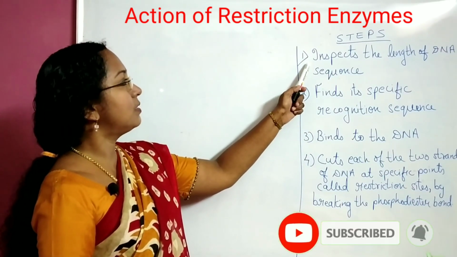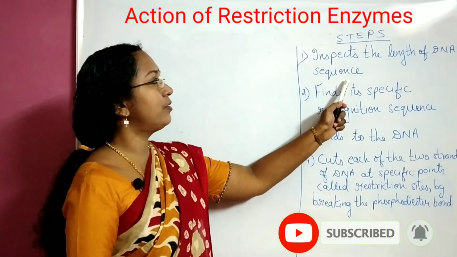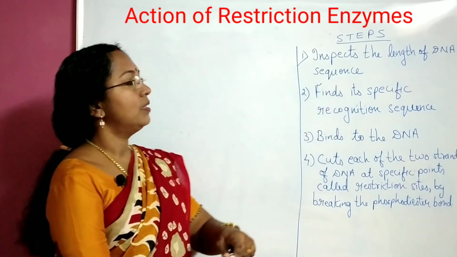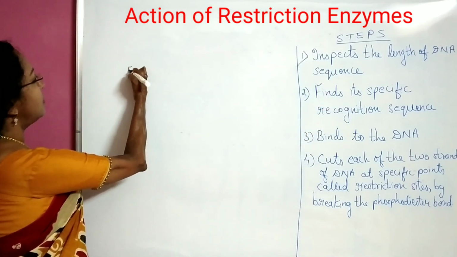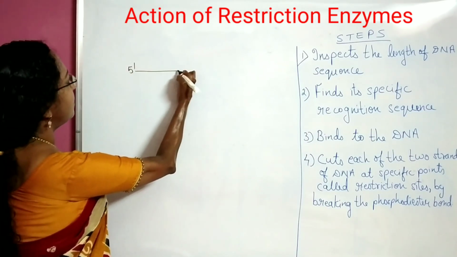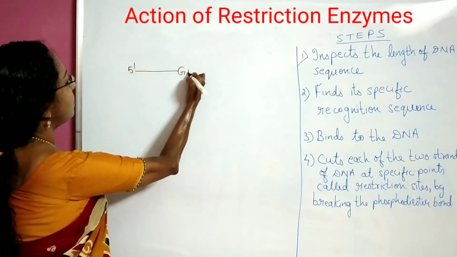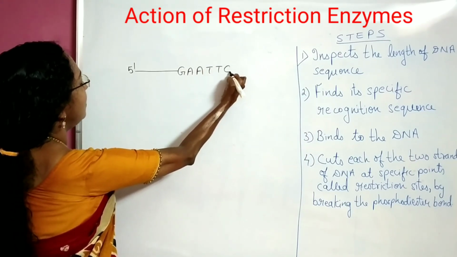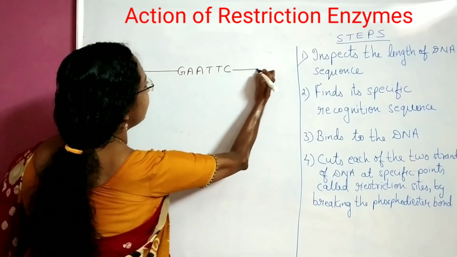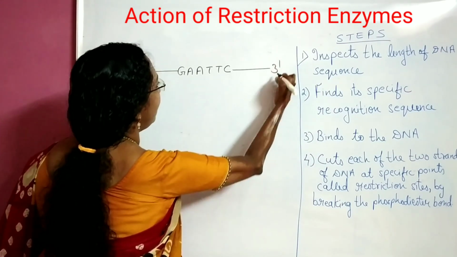First, the restriction enzyme inspects the length of DNA sequence. For that, let me write down a DNA sequence starting from 5 prime, and I'm putting a sequence here, GAATTC, and then there are lots of bases ending with 3 prime.